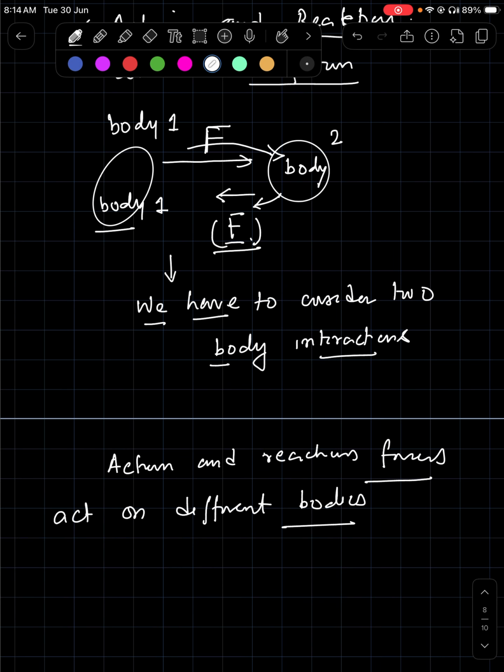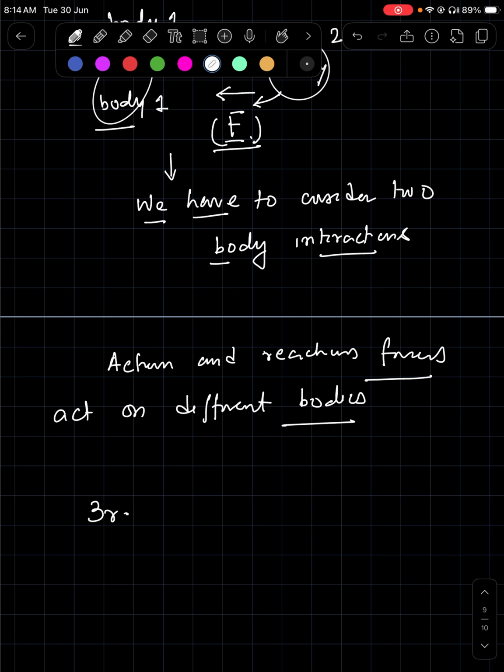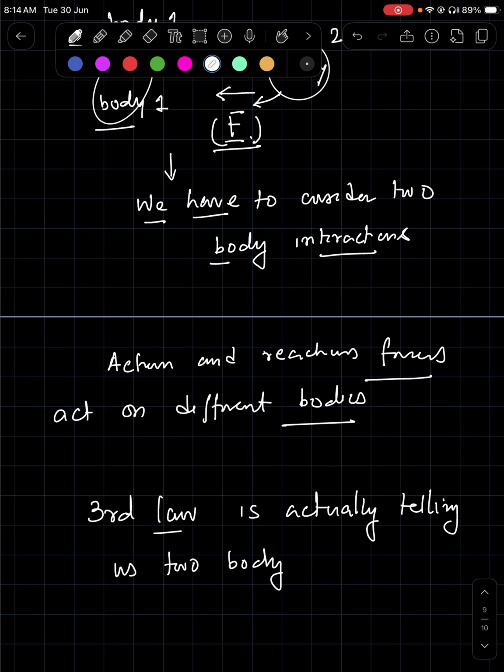So that means the third law is actually telling us about two body interactions. Whenever we are going to consider the interaction between various objects, we have to consider the two body interaction first.